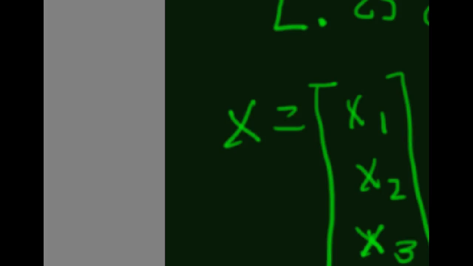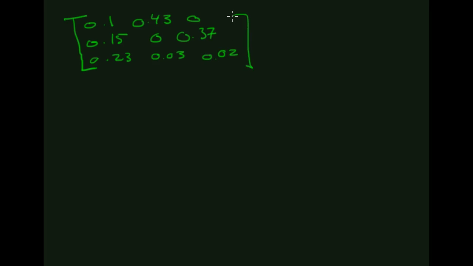So I'm going to drop that in here. All right, so let's start with our givens again. Our I/O matrix was 0.1, 0.43, 0, 0.15, 0, 0.37, 0.23, 0.03, 0.02, and our external demand was 20,000, 30,000, 25,000.